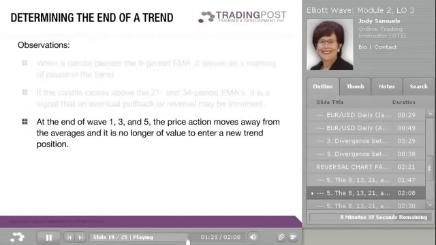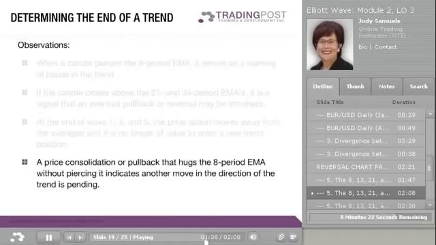There is little value in entering a position at this stage of the game, as the price will revert to the mean a few price bars later. Another observation is that when price comes back to the average without piercing it, this indicates that another move in the direction of the trend is pending. These consolidations may be considered to be the real catalysts of a trend's strength.